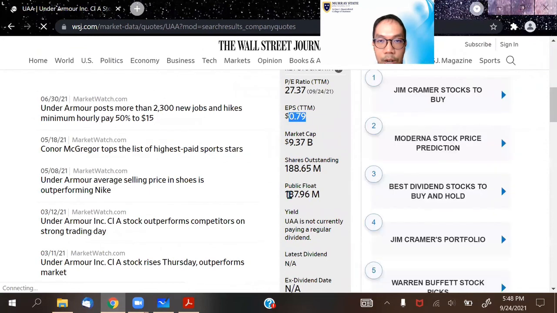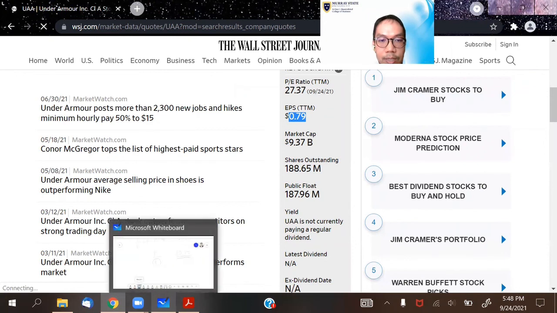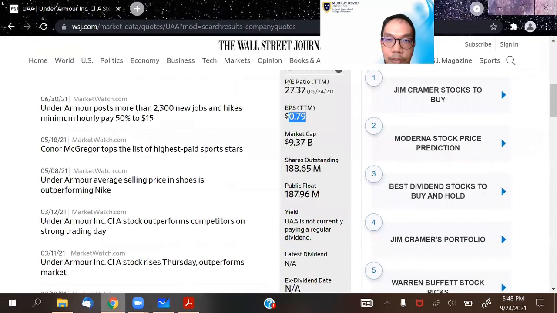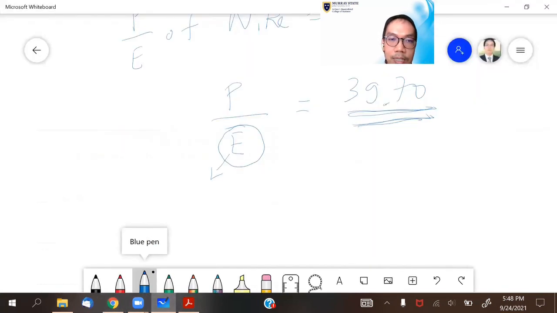The earnings per share of Under Armour is 79 cents per share.